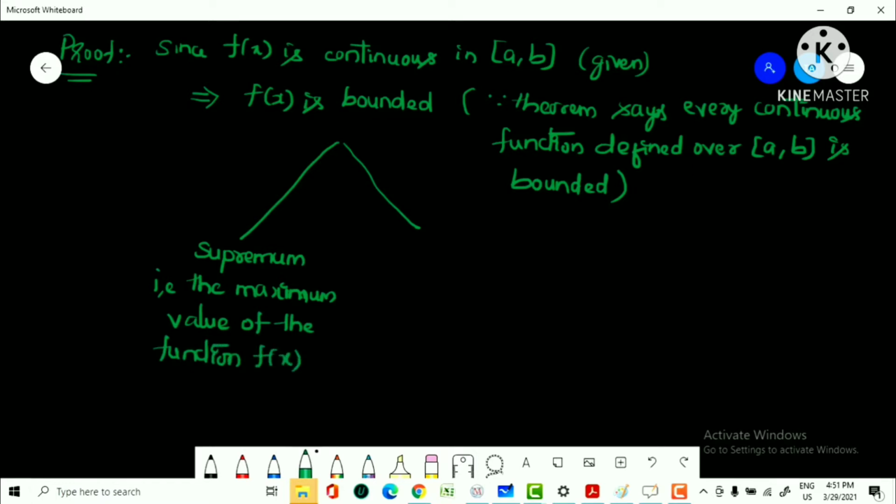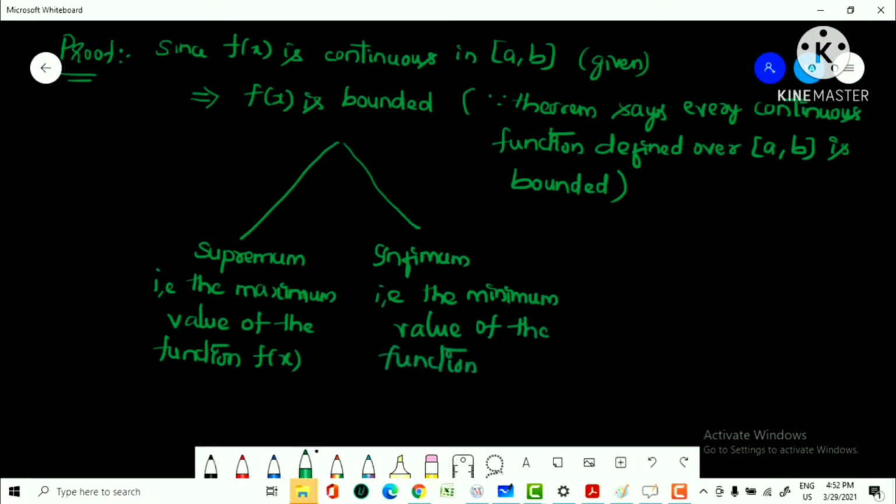One more value it will be having is infimum, that is the minimum value of the function f of x.